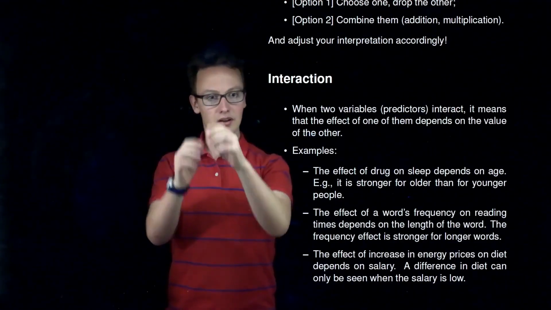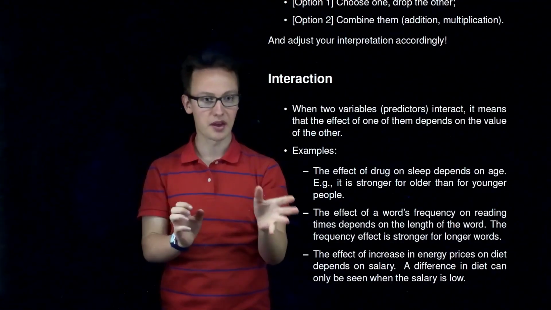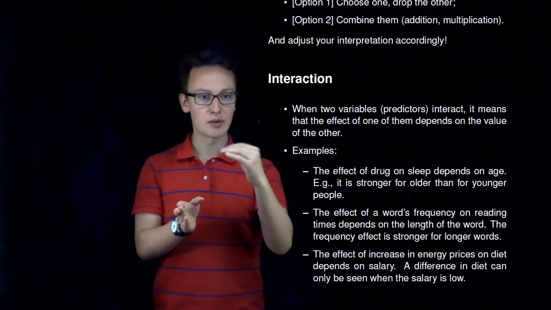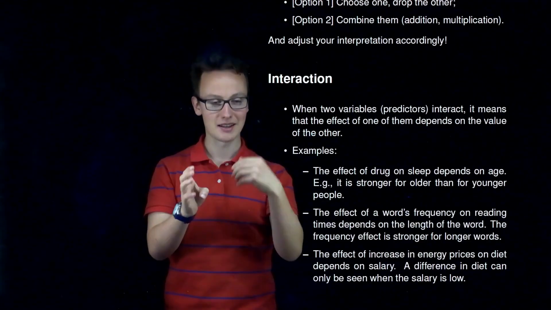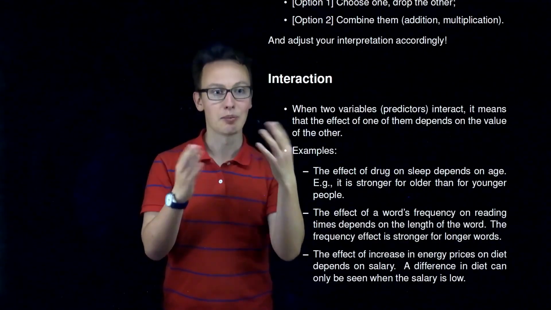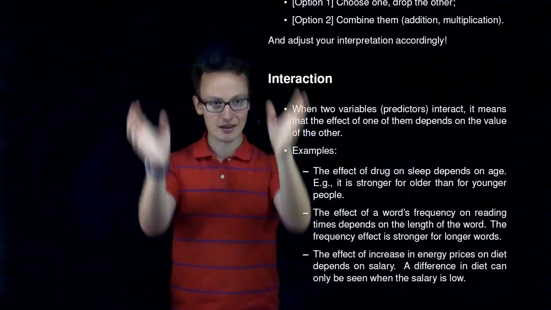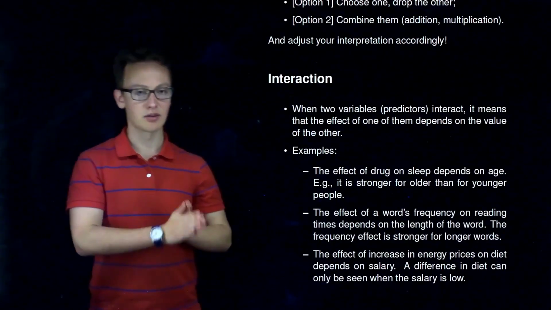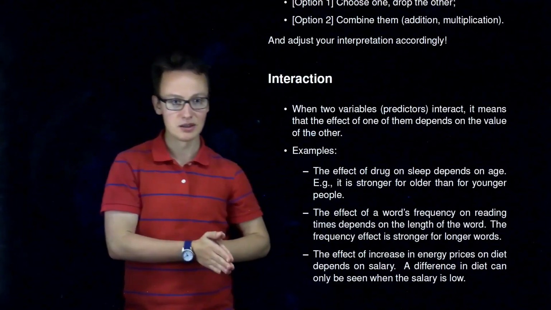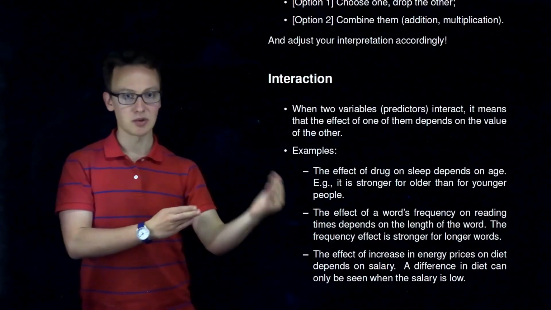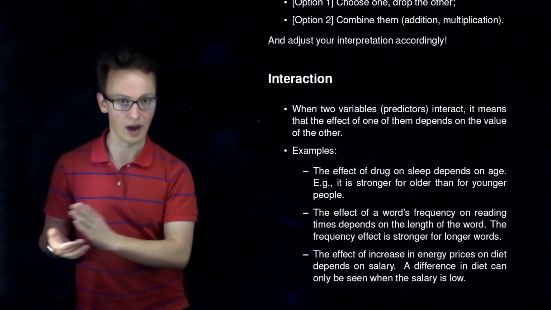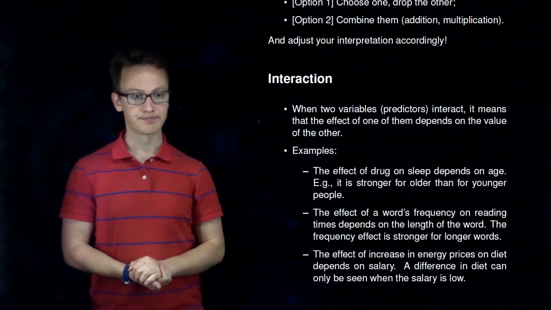Whereas for the group of rather short words, of maybe just 3 or 4 letters, frequency doesn't matter so much, it doesn't have such a big impact on reading time. If we had a situation like this, then we would speak of there being an interaction, because now the effect magnitude of one predictor is subject to change depending on where we are on the other predictor.